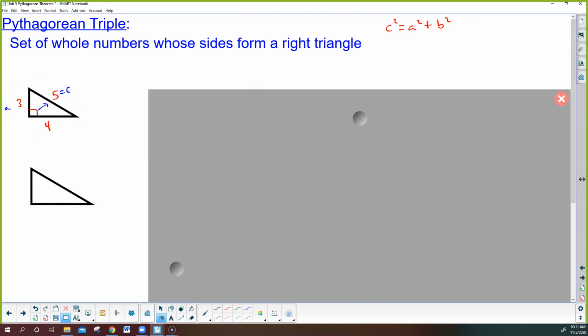It doesn't matter which side is A and B then. I can pick whichever one. So let's plug this in just really quick, and you don't really even need to write this part down. I just want to show you, does 5 squared equal 3 squared plus 4 squared? Well, we saw in that video that 3 squared is 9, a 3 by 3 square, and 4 squared is 16. And when you add that up, you get 25 equals 25, which proves that 3, 4, 5 will always give me a right triangle.